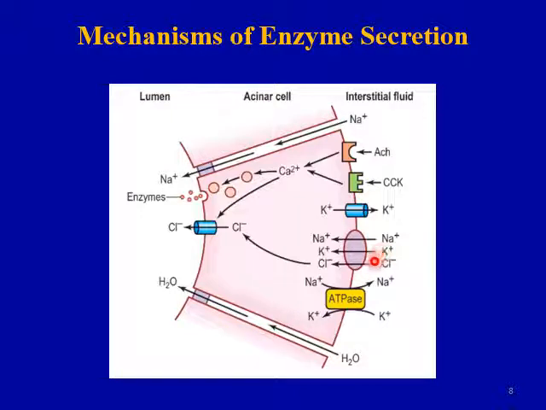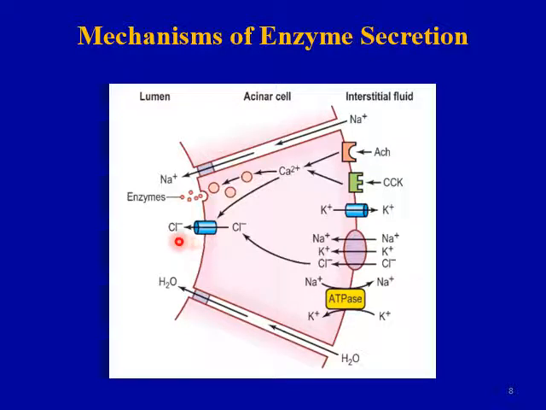So this transporter now will pump in chloride. It will build up chloride inside the cell at high concentration, and this will allow chloride to move into the lumen of the acinus when the chloride channels are opened by high intracellular calcium. The potassium will leave through the basolateral membrane into the interstitium and will be recycled again through the co-transporter.